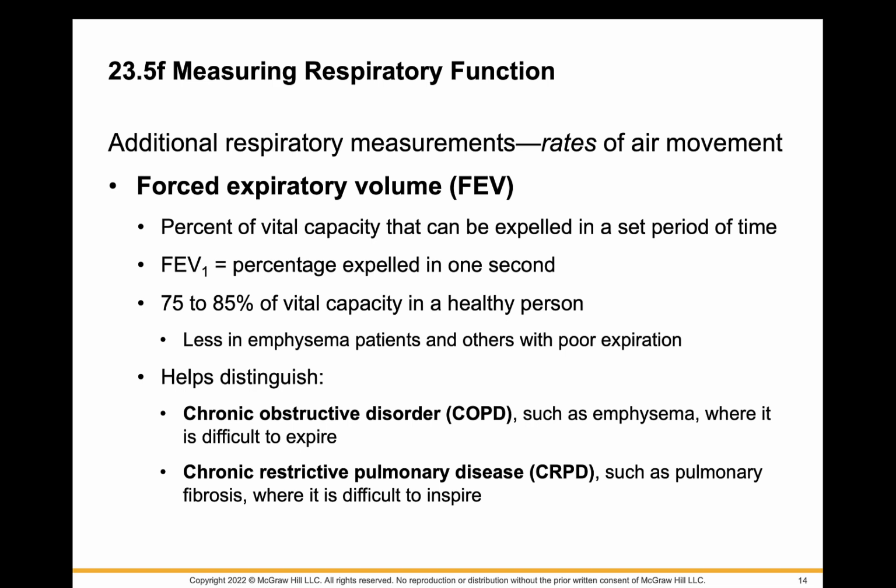This will be less in patients that have emphysema or asthma or overall poor expiration. FEV1 helps us distinguish between obstructive versus restrictive disease. Obstructive diseases such as emphysema are those diseases where it is primarily difficult to expire, whereas restrictive disease such as fibrosis is where it becomes difficult to inspire.